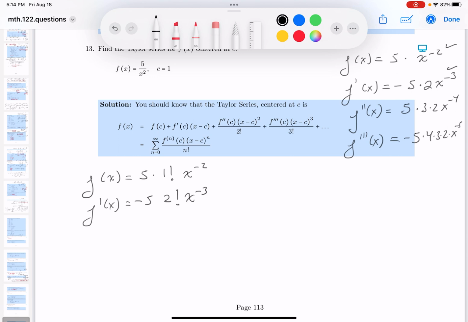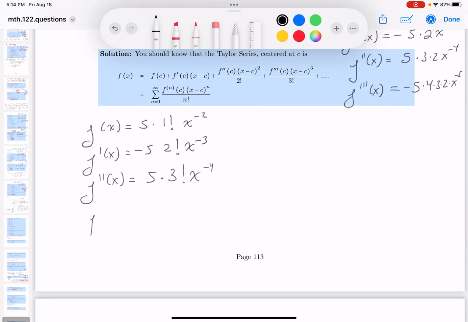I'm just looking at this, by the way. f double prime is going to be 5 times 3 factorial x to the minus 4. f triple prime is going to be minus 5 times 4 factorial x to the minus 5. So I definitely see a pattern over here.